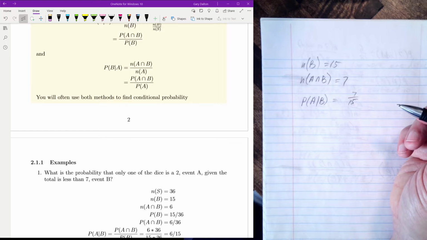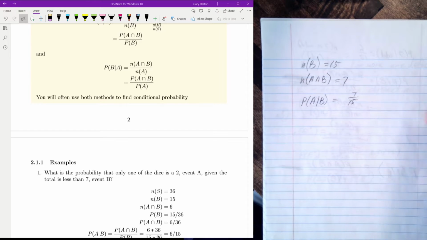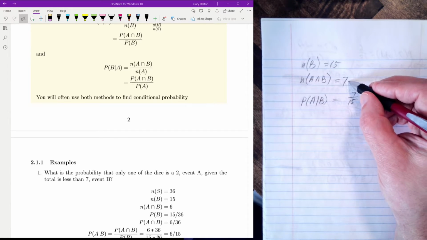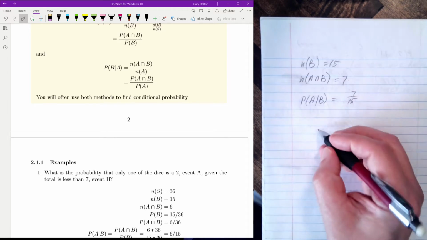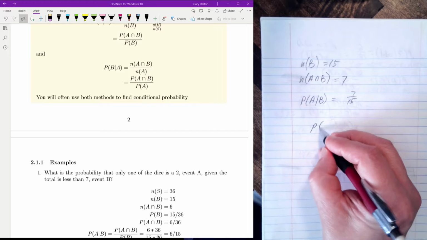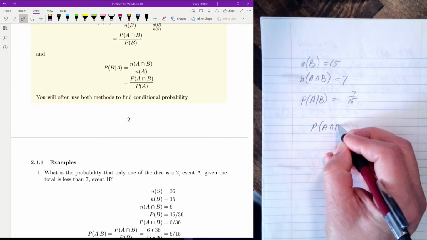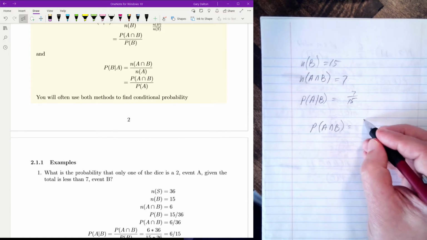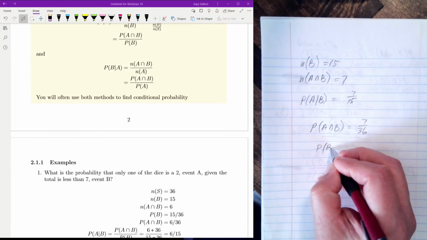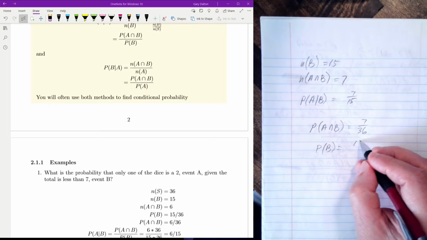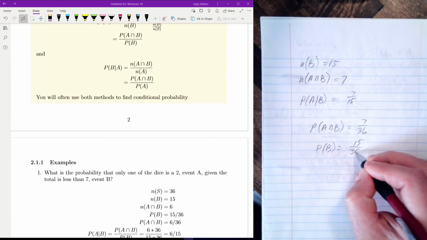Okay. Now let's also do it the other way, and calculate the probability of the intersection. The probability of the intersection is equal to 7 divided by 36, and the probability of B is equal to 15 divided by 36.